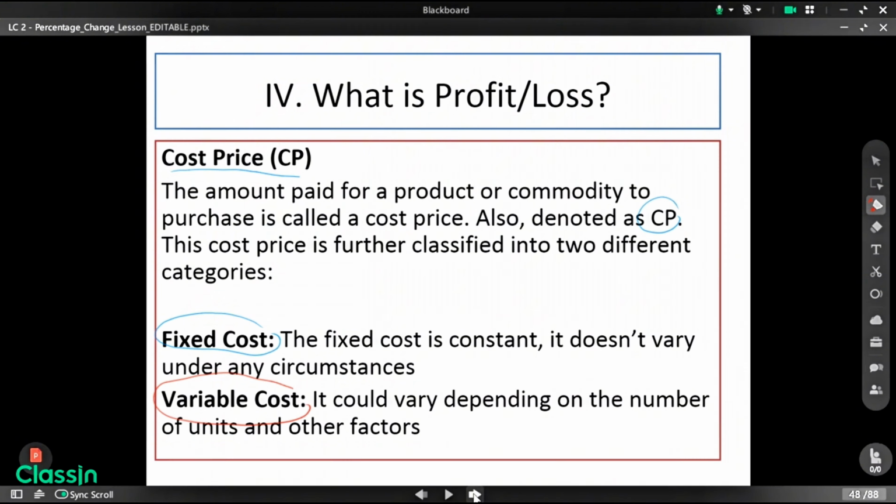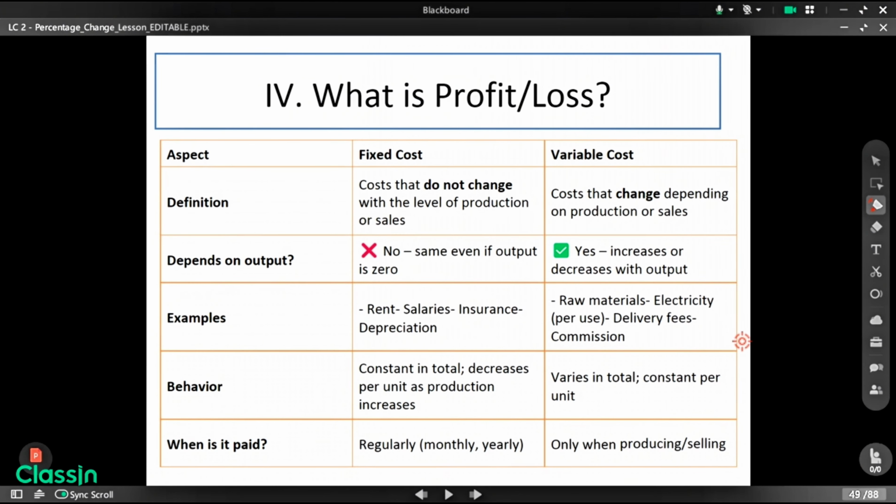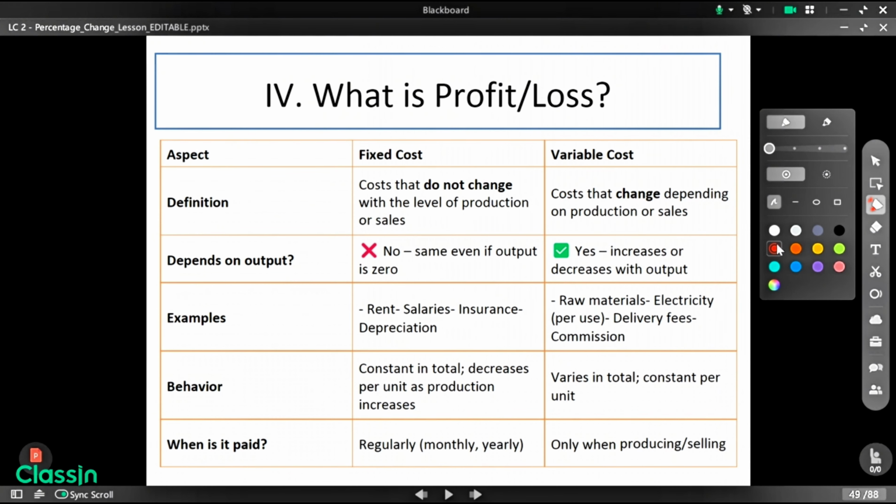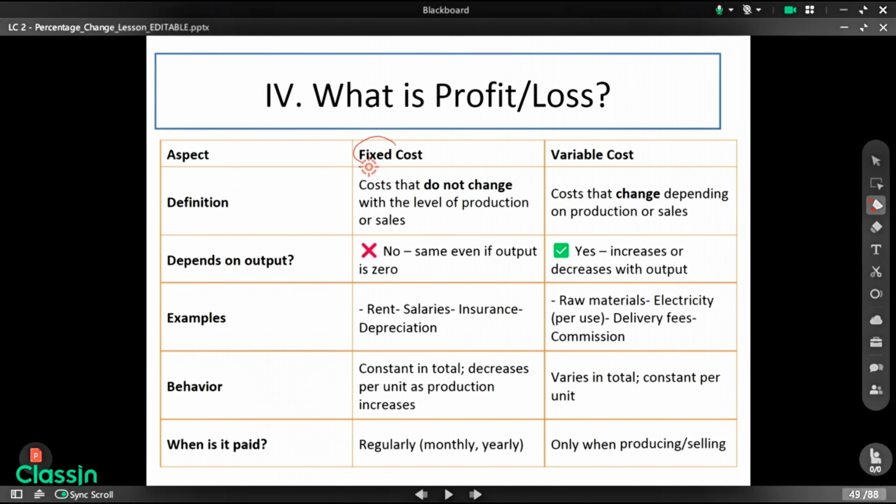For us to fully understand the two categories of costs, let's have this table. When we say fixed, from the word itself, it doesn't change. Fixed costs do not change with the level of production or sales. The variable cost changes depending on production or sales.